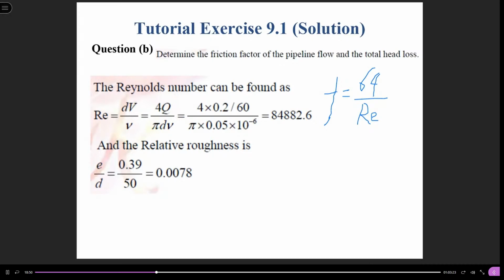So firstly, we need to calculate the Reynolds number. The Reynolds number can be calculated by this equation: the diameter, velocity, and the kinematic viscosity.